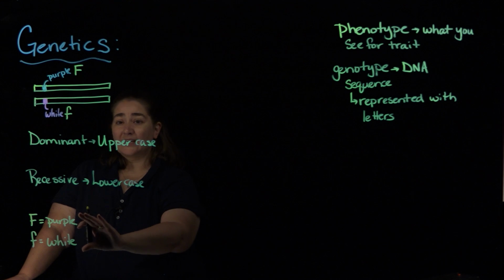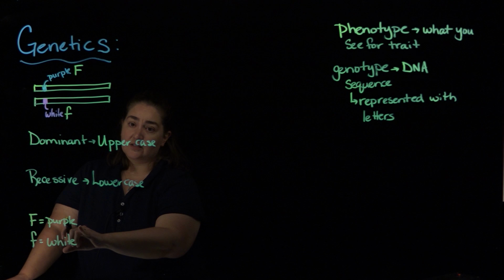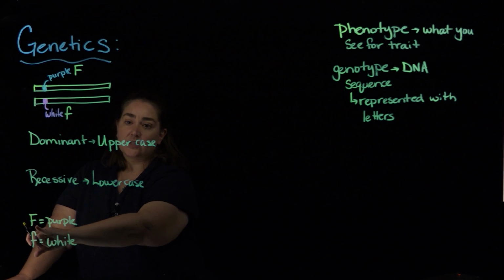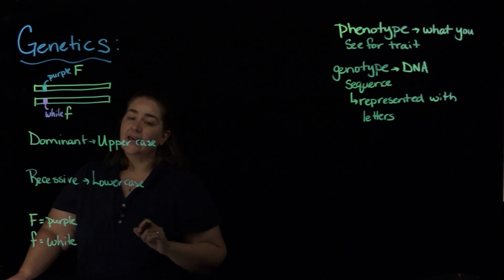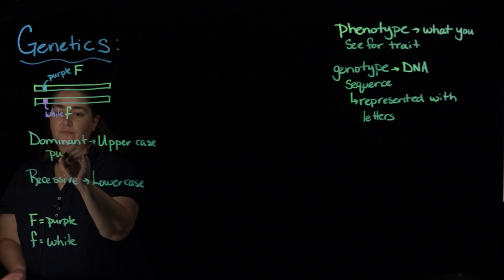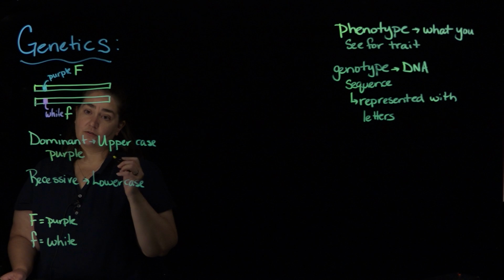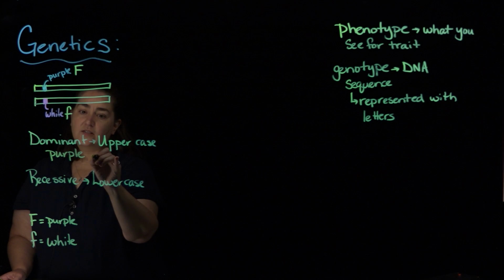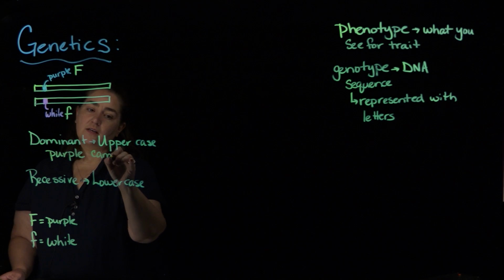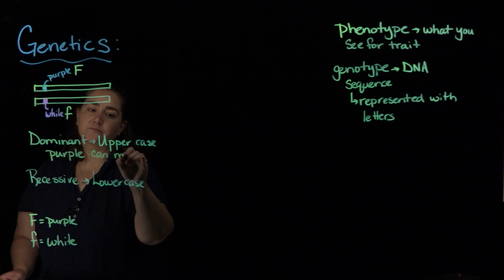So if you notice, we kind of mix when we're talking about genotype and when we're talking about phenotype. The genotype is the genetic level. In this case, the purple color is going to be the dominant version of the allele. You can think of that dominant version as being a little bit stronger.